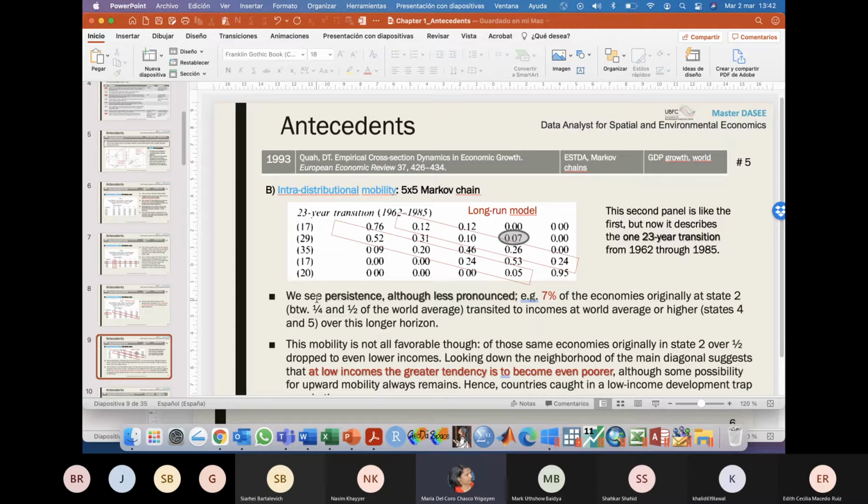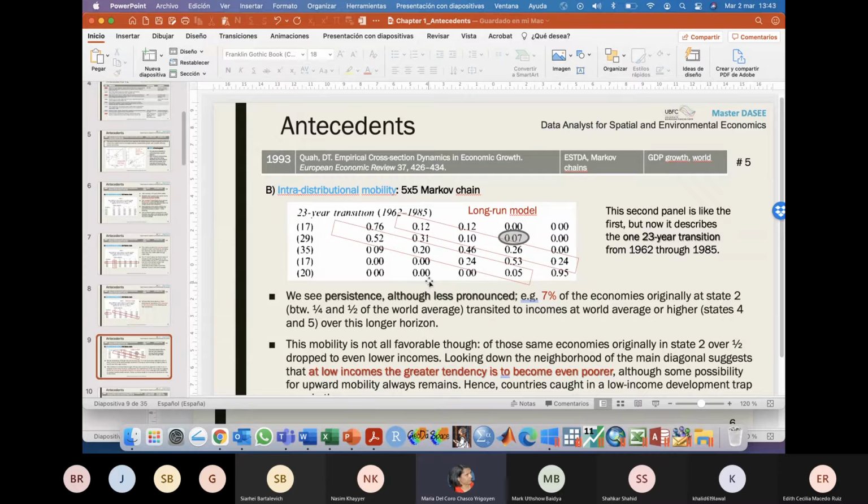This is the scope here. For example, 7% of the economies at state 2 in the origin year of 1962 transited to incomes at the world average or even higher, to states 4 and 5, over this longer horizon in 1985.